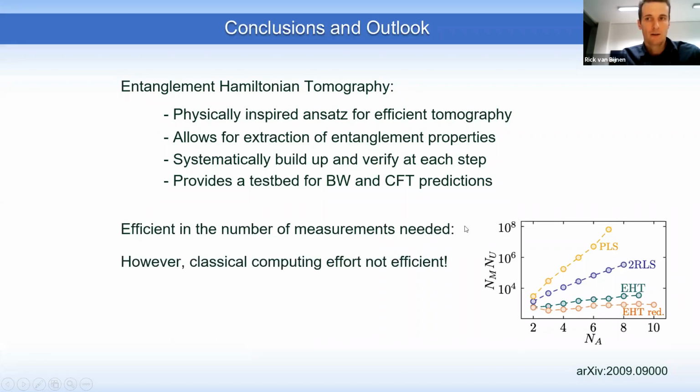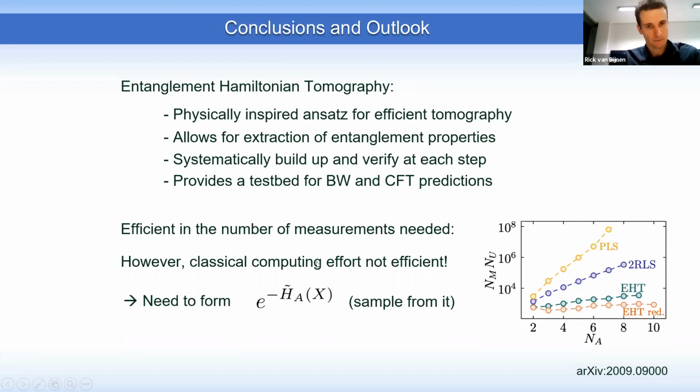But I didn't say this: it's not efficient in the classical computing effort. When we do this procedure, we have to form this matrix. We have to take this entanglement Hamiltonian and exponentiate it in order to sample from it and fit the parameters, and this is exponentially complex.